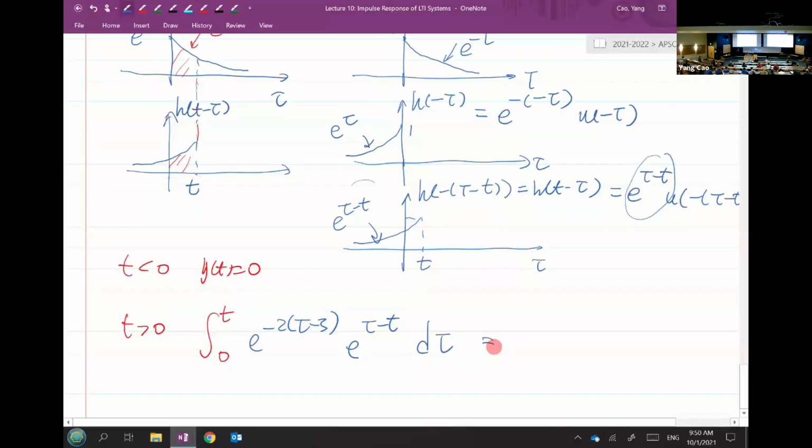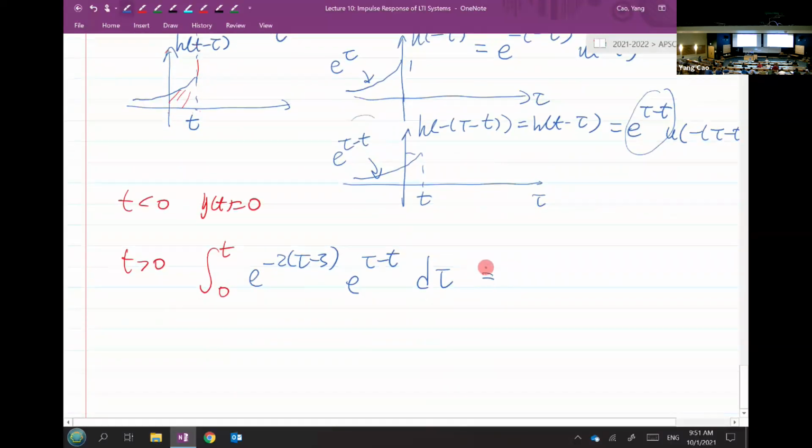This is a lot of exponential terms here, so you have to make sure which is the dominant variable, and which one is considered a constant. For the first term, I expanded e to the power of 6 times e to the power -2 tau.